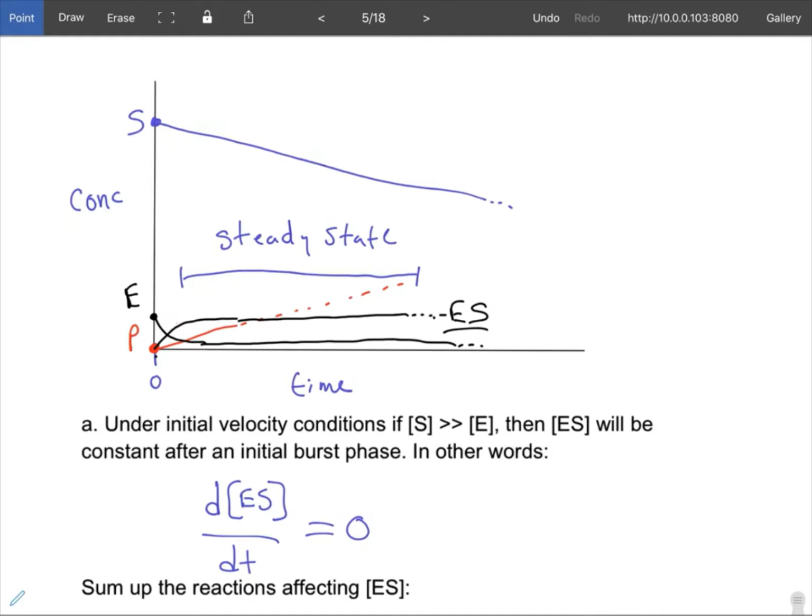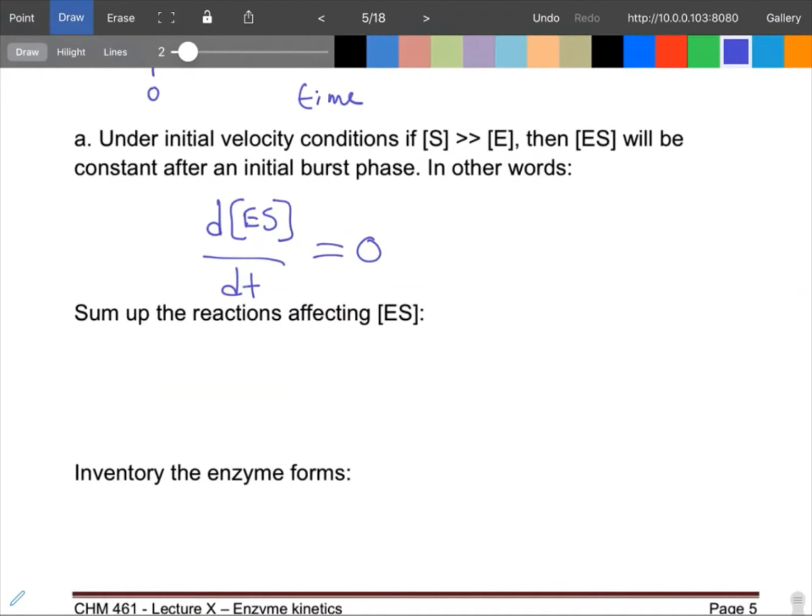That's some fancy stuff. So like I said, our goal is to develop an equation that will tell us some useful parameters if we plug in values that we know and can measure, which talks about the enzyme substrate complex. And we're telling it that it's not going to change over time. But let's sum up all the different reactions that affect the enzyme substrate concentration. So I'm going to draw the scheme, right?